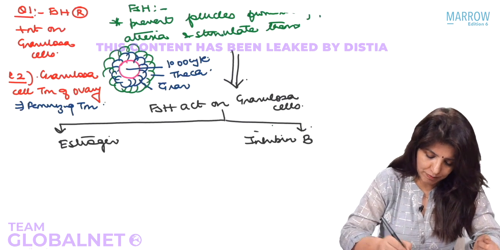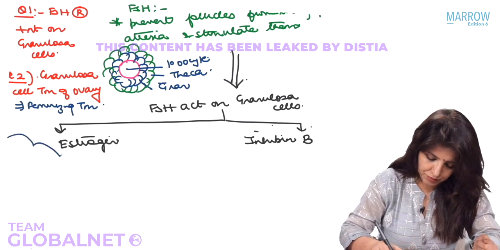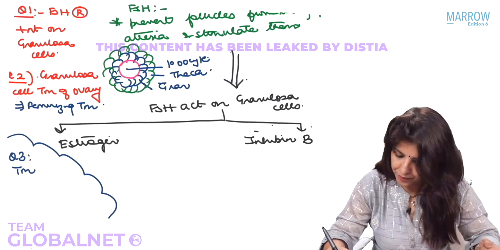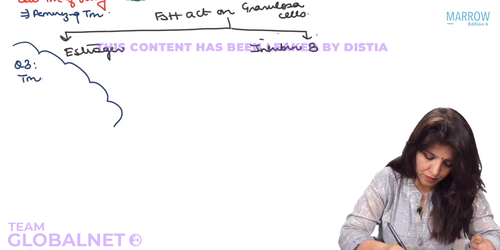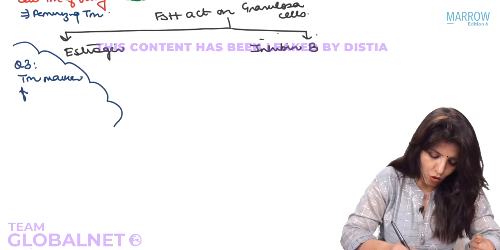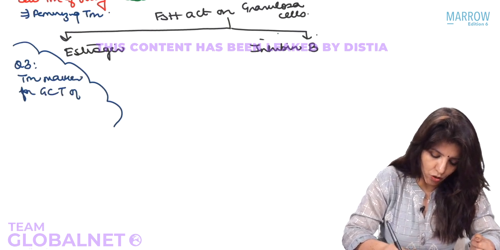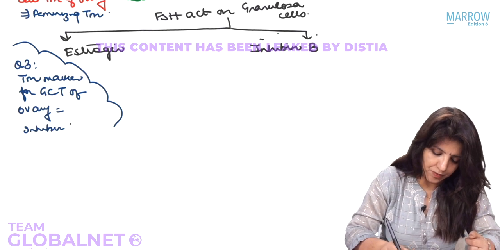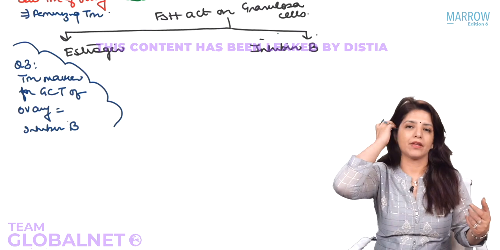So, question number 3. Tumor marker for granulosa cell tumor of ovary is inhibin B. Clear?